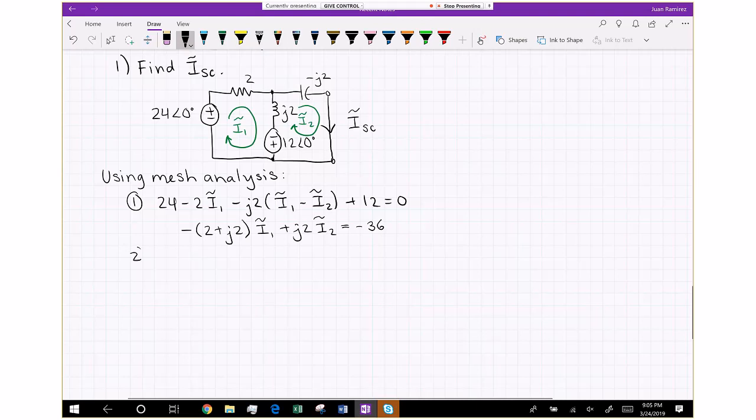Let's take a look at mesh 2. If we're starting from that bottom left point, now we have negative 12, then minus J2 times I2 minus I1, because now we're looking at it from the mesh 2 perspective, which is that I2 is positive and that I1 opposes it.